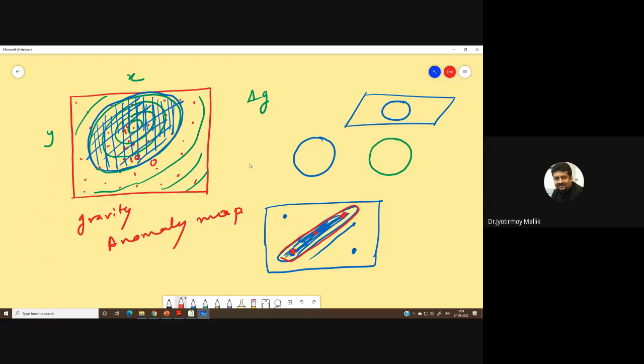The first thing, it depends on the survey itself. If your gravimeter is extremely sensitive, then you will do a better survey, so your resolution will increase. Number one point. If these points are closely spaced, then you will generate a better gravity anomaly map, and that will also provide you better resolution. That is number 2 point.